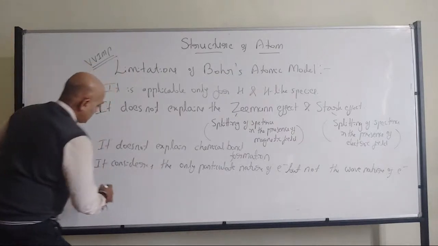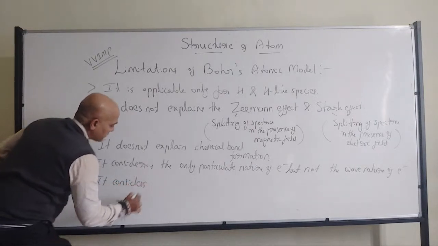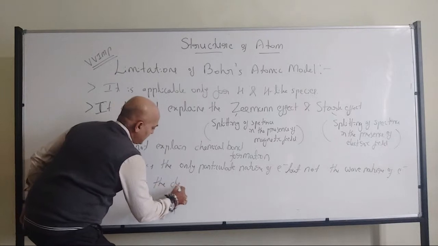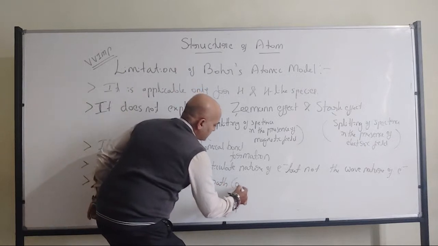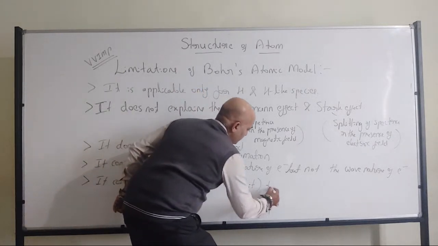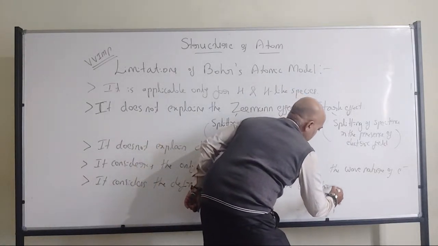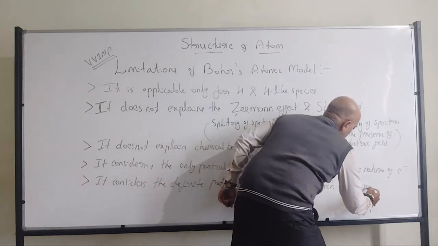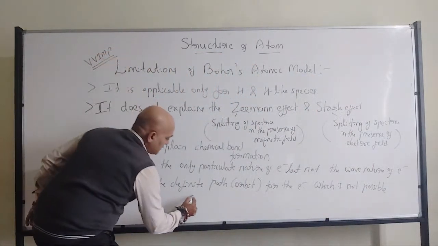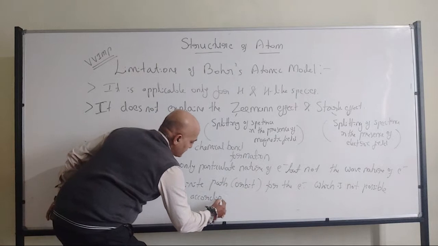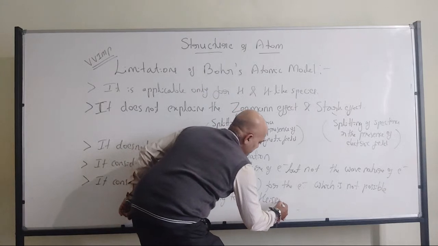So Bohr's atomic model considers a definite path, that is orbit, for the electron, which is not possible according to Heisenberg's principle.